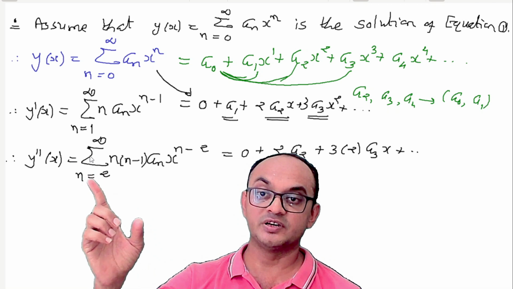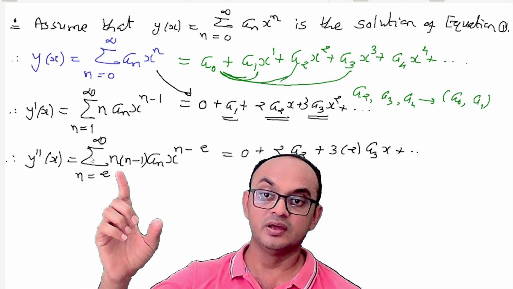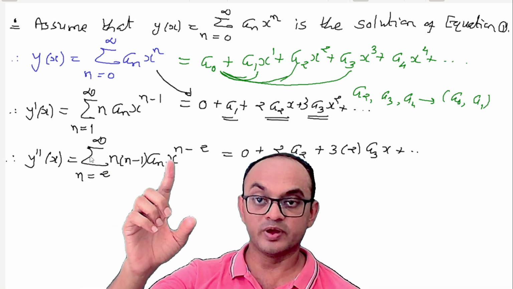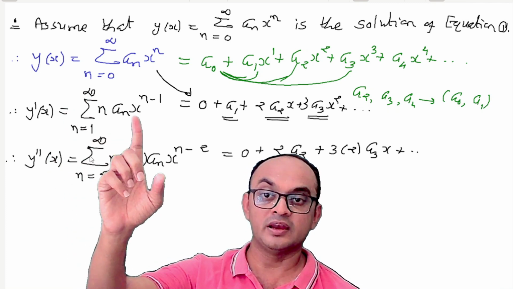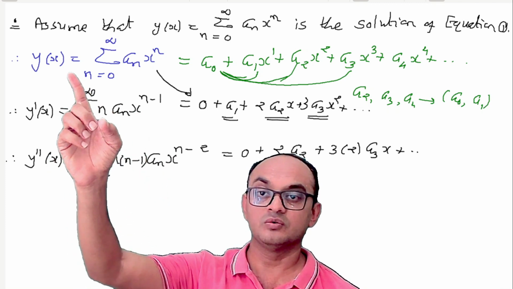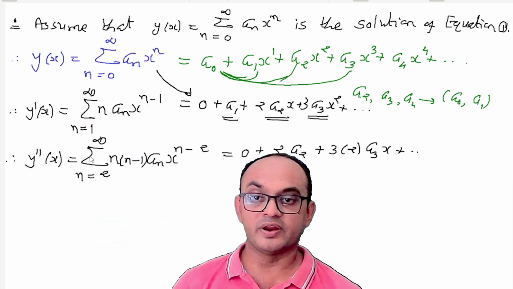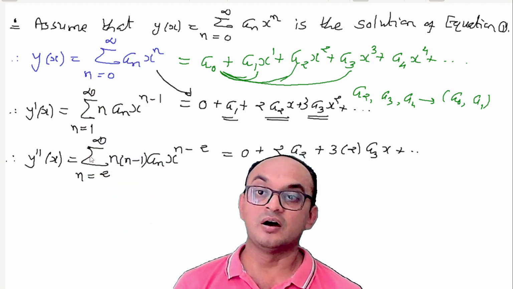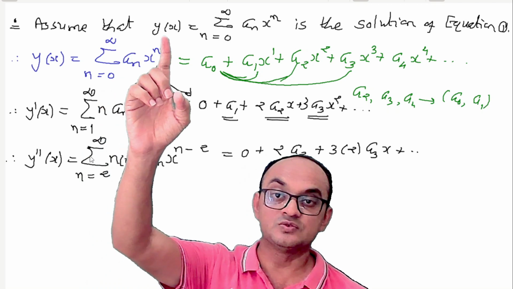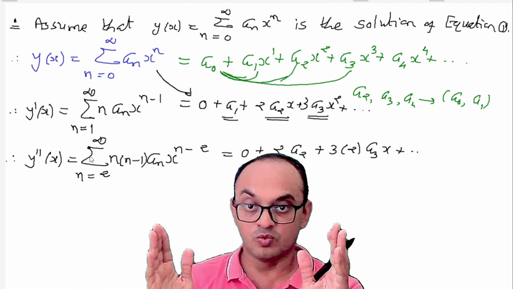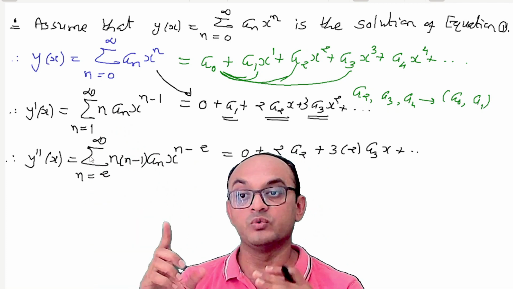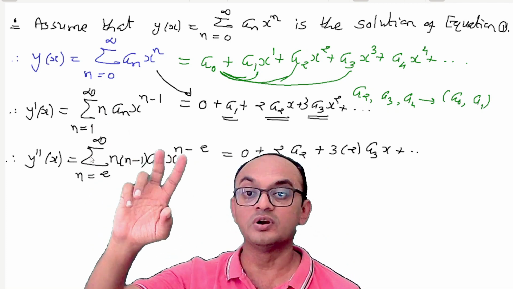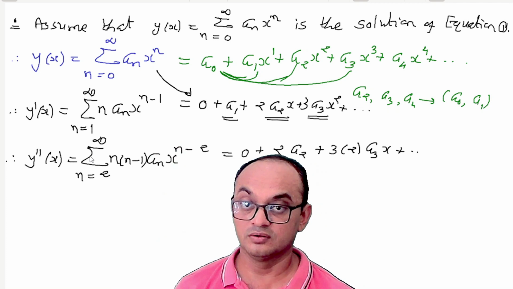Y double dash is summation n equal to 2 to infinity an n minus 1 into x raised to n minus 2. Y dash x is n equal to 1 to infinity n an x raised to n minus 1, and this is our assumption, right? Now we are assuming that this yx is a solution of equation 1, right? We have y dash, y double dash. So now we substitute all these three quantities to equation 1. Clear?